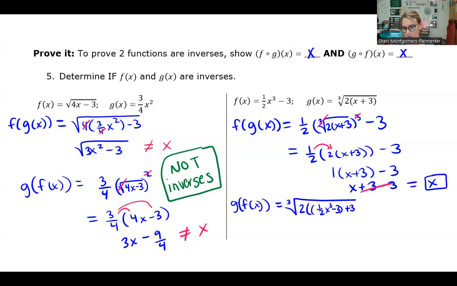First thing I have to do is multiply in the 2 to, oh, I put that in the wrong spot. I have to multiply in the 2 to this part and the 2 to this part.